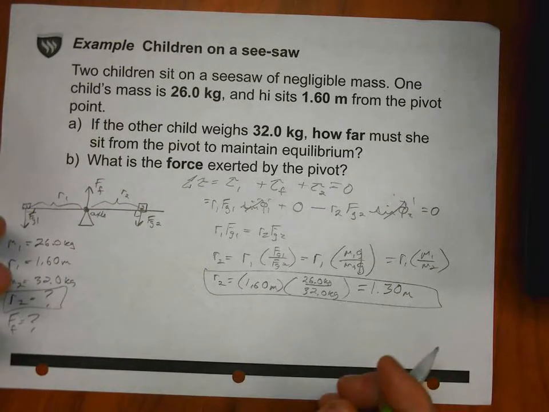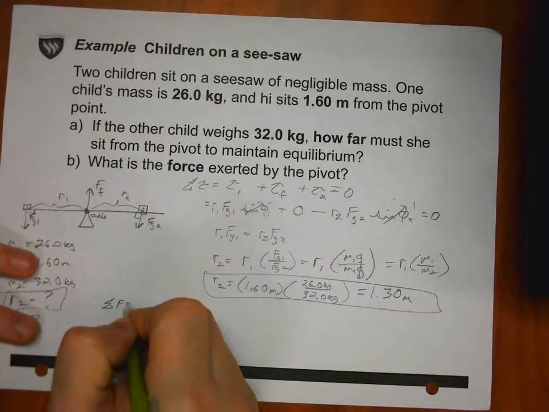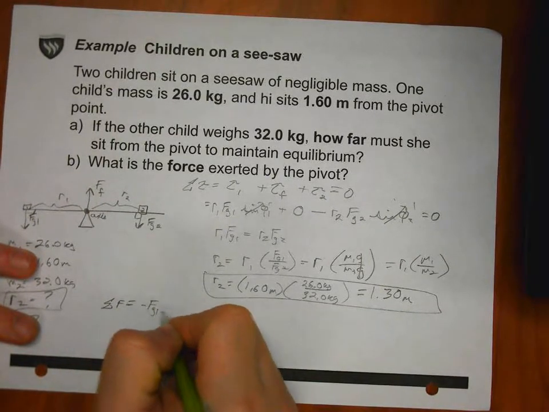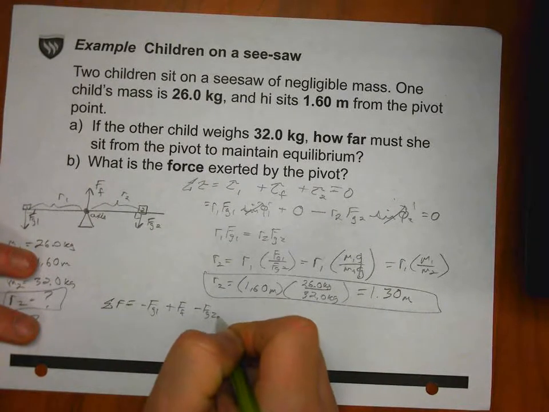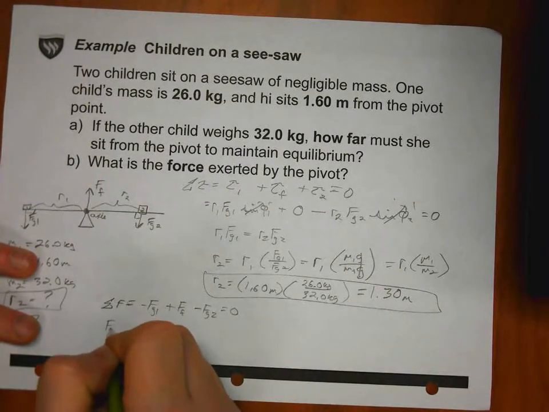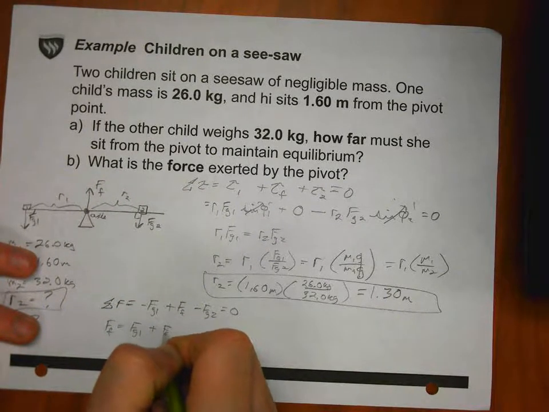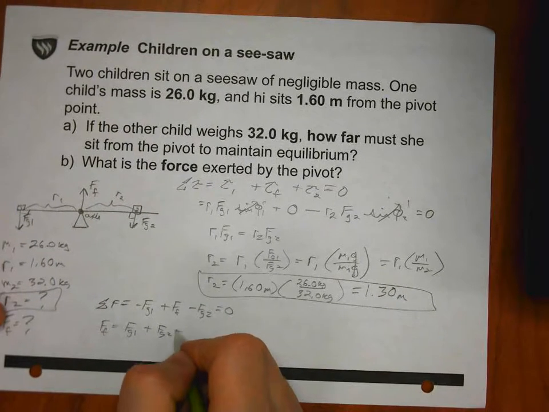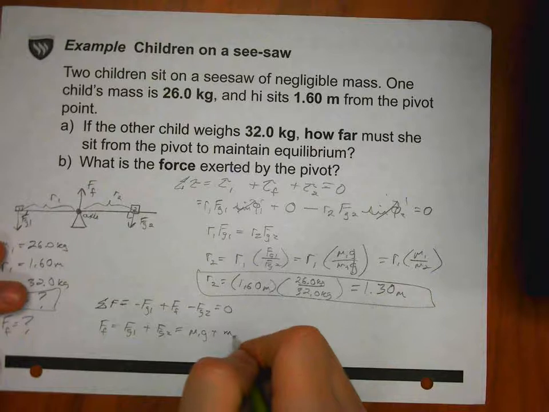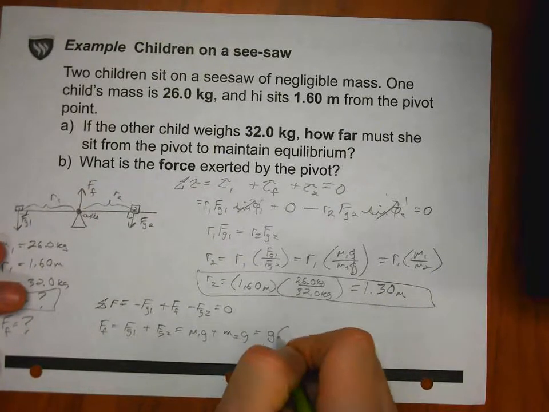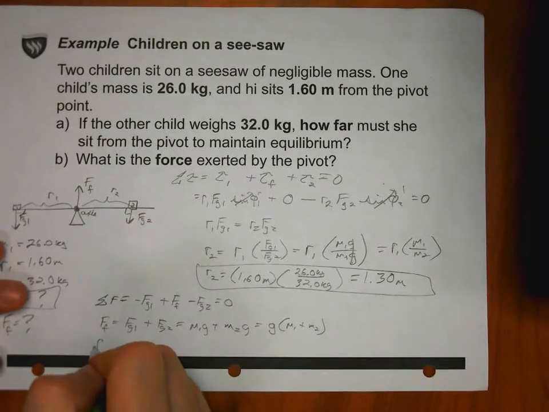Now the next question asks, what is the force exerted by the pivot? Well, we can just sum up the forces and say negative Fg1 plus the force of the fulcrum minus Fg2 equals 0. The force of the fulcrum then is equal to Fg1 plus Fg2, which equals M1g plus M2g, or g times M1 plus M2.